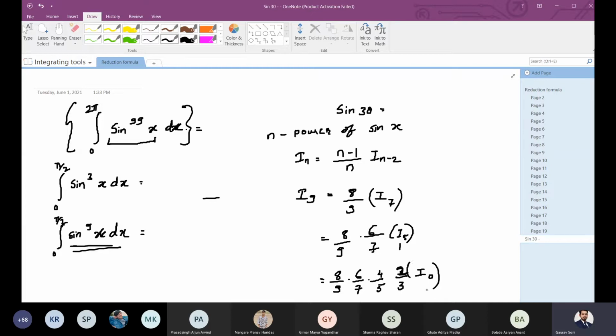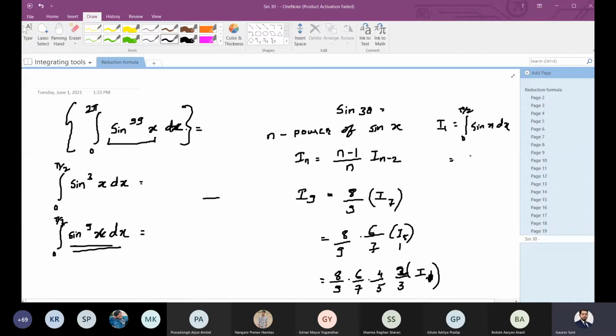Am I correct, I0 or I1 it has to be? I5 reduces to I3, and I3 will come to I1. What is I1? I1 is the integral from 0 to pi by 2 of sin x dx.